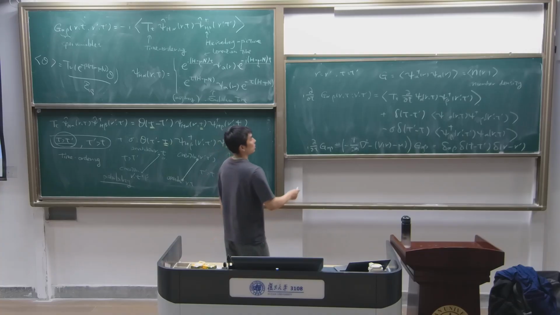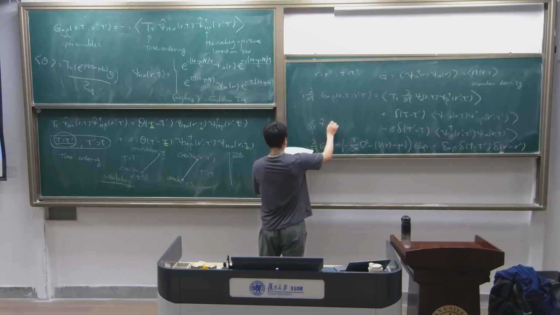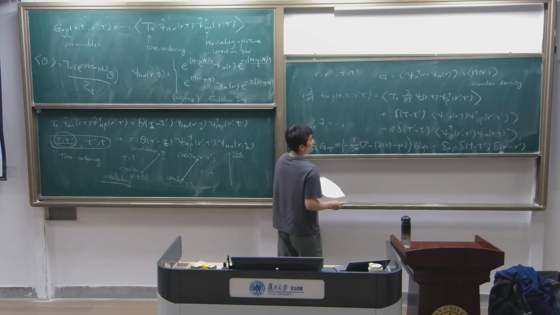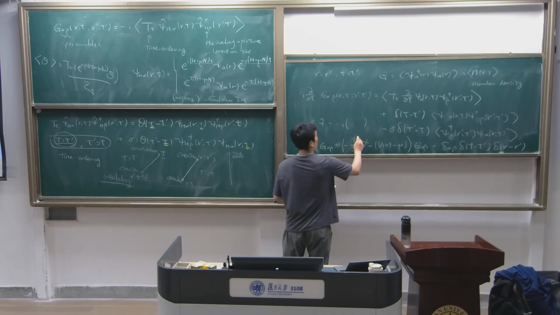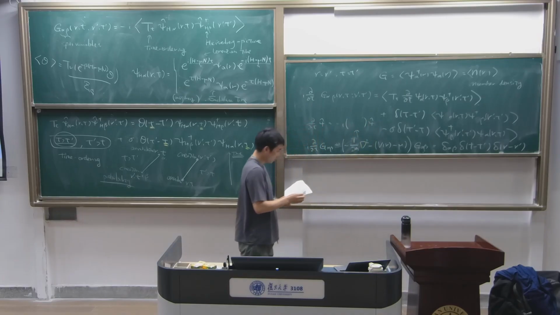So recall that delta T psi hat is equal to essentially minus i times this part, and then psi hat. So that's what you get.